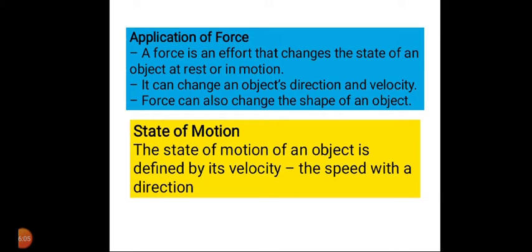Okay students, an object may be at rest or in motion, both are its state of motion. A change in either the speed of an object or its direction of motion, or both, is the change in its state of motion. Thus we can say a force may bring a change in the state of motion of an object.